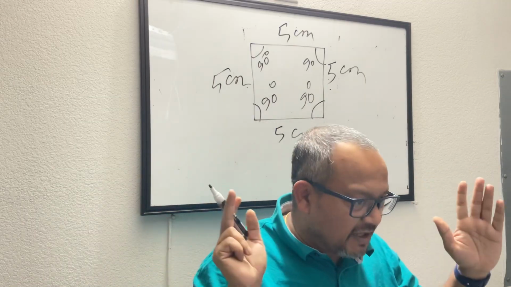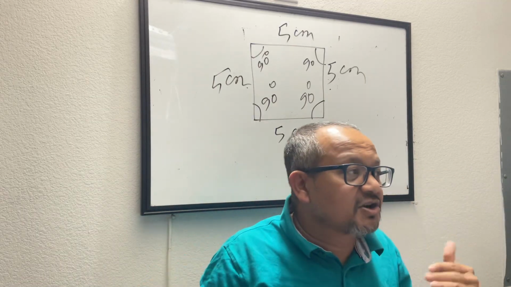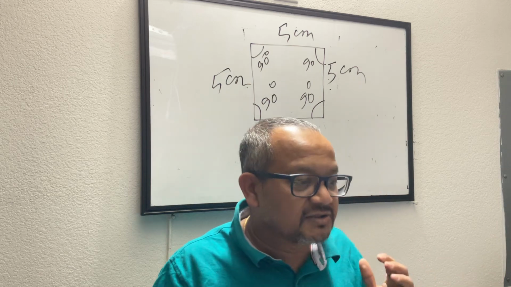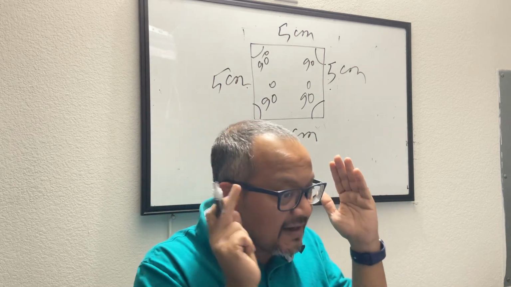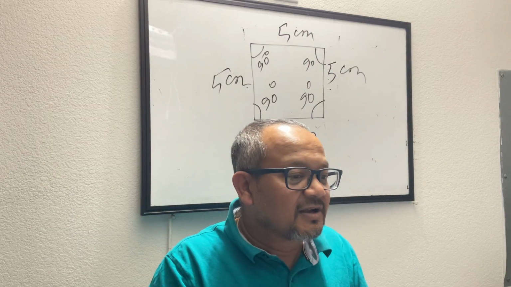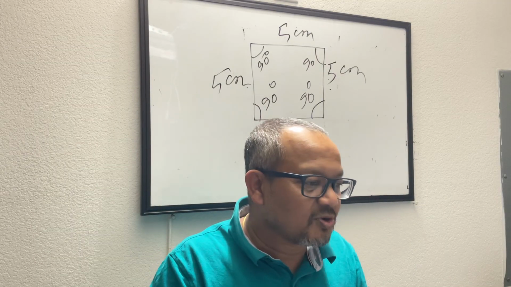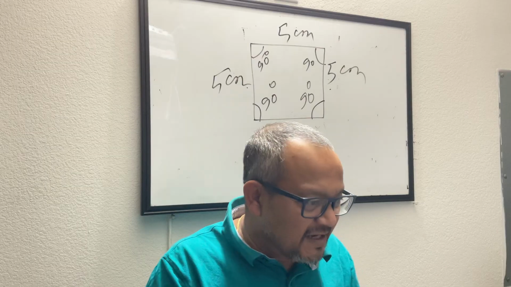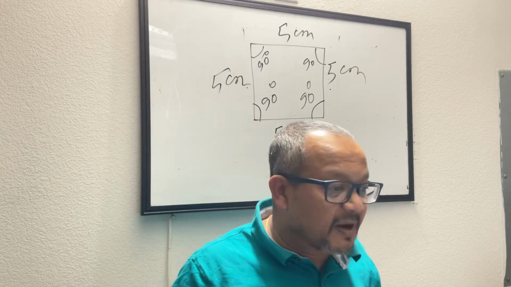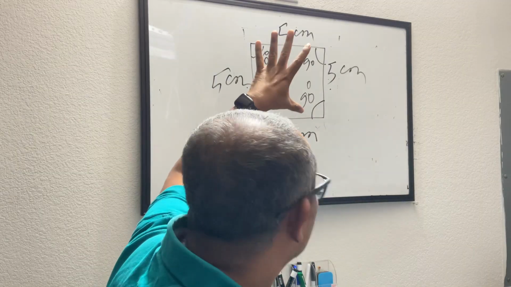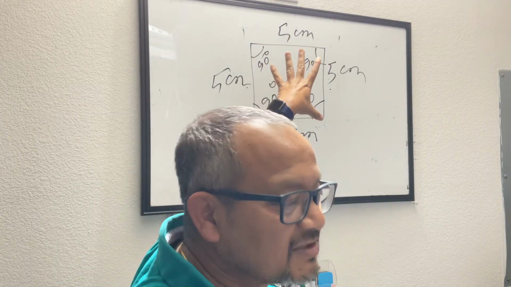I'm mixing too many things, but I'm just trying to make sure that you understand the concept. Any shape that we know about, if we can relate it to all the concepts, it'll be much easier. I've seen kids even in the 10th grade struggling with geometry, and that is primarily because they don't understand the basics of the shapes.